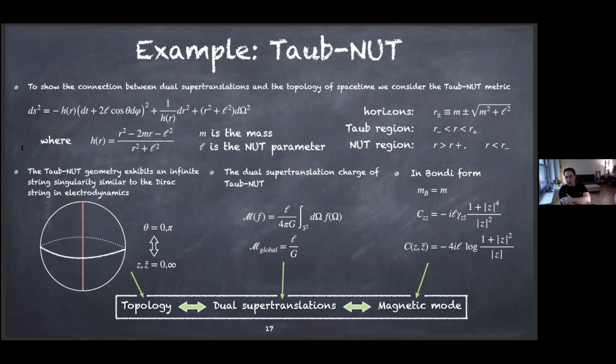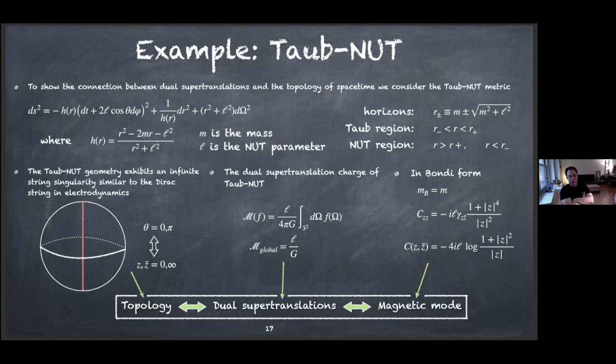And finally, this metric, the Taub-NUT metric, can be written in the Bondi form everywhere except the location of the string. At the location of the string, the metric is singular, but everywhere else, and we show that explicitly, the metric can be brought to the Bondi form with the Bondi mass equal to the mass aspect and with an imaginary boundary graviton given by this expression.